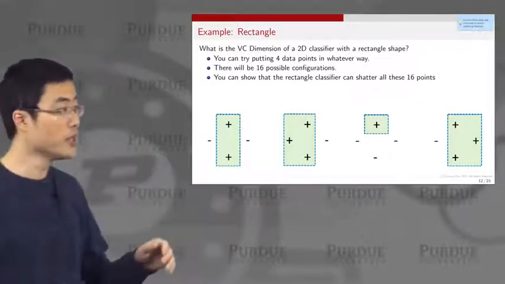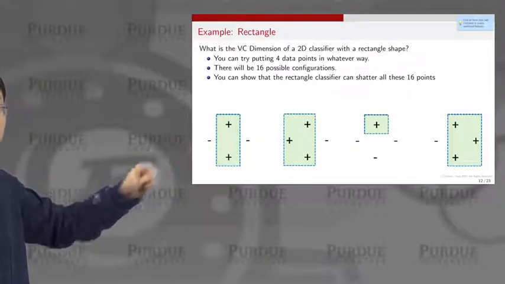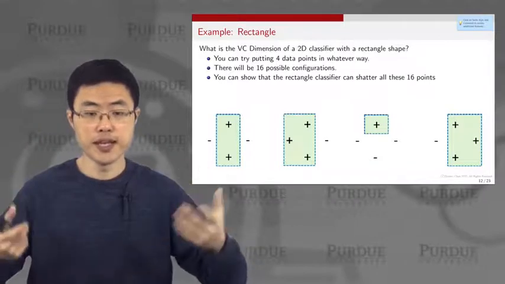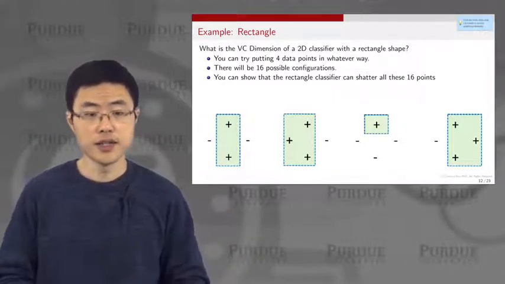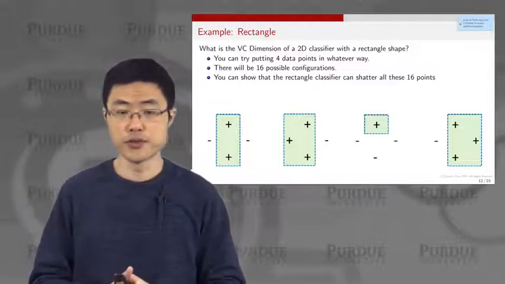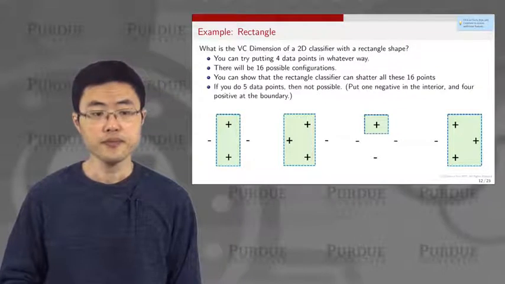Well, as I'm showing you here, this rectangular classifier can also classify them. Therefore, you can think that the rectangular classifier is a little bit more powerful than the linear classifier. And as I'm showing you here, all the 16 configurations can be shattered by the rectangular classifier.